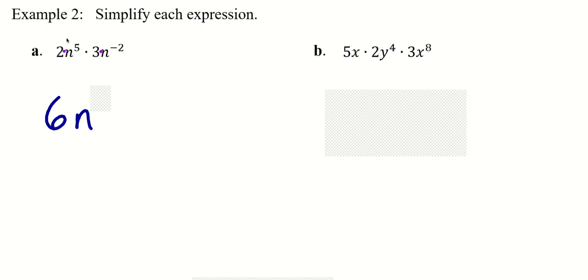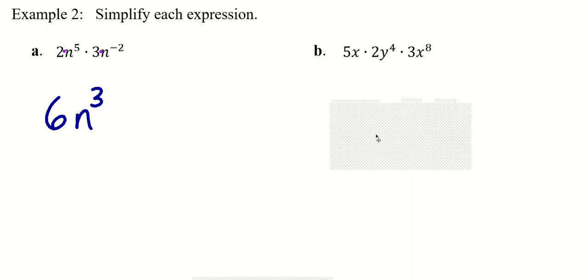And then we could also do n to the fifth times n to the negative 2. And to do that, okay, you do what with the powers? You add them. 5 plus negative 2 is positive 3. So this is the final answer to this example.